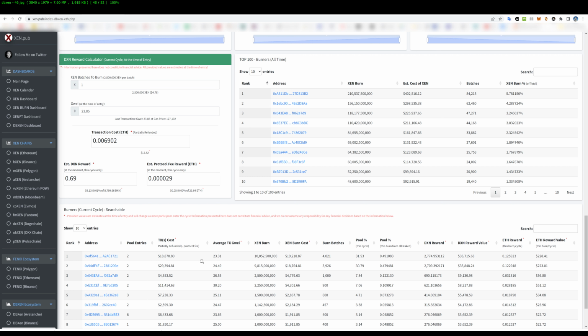But there are also guys who claim more rewards and then put it into a liquidity pool and leave it there for some time to collect fees from trading on the DXN Zen ETH pair.